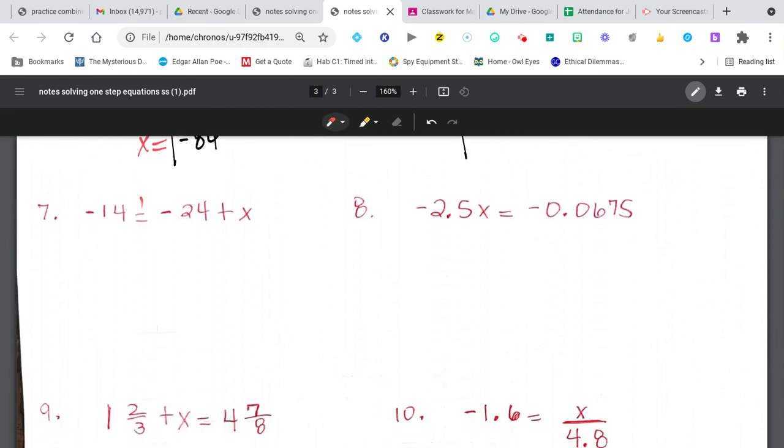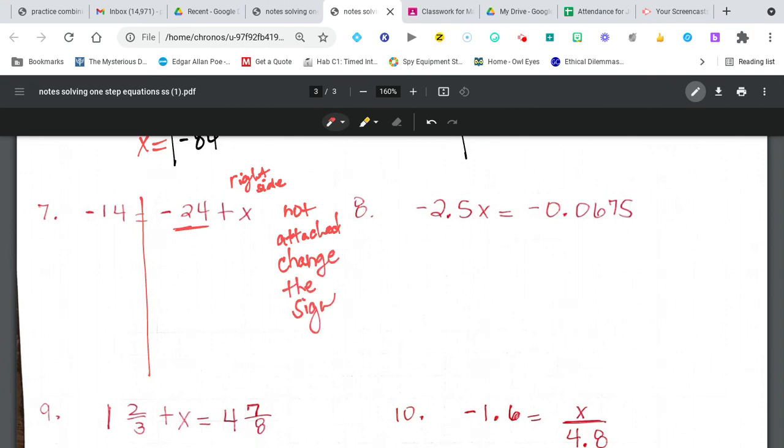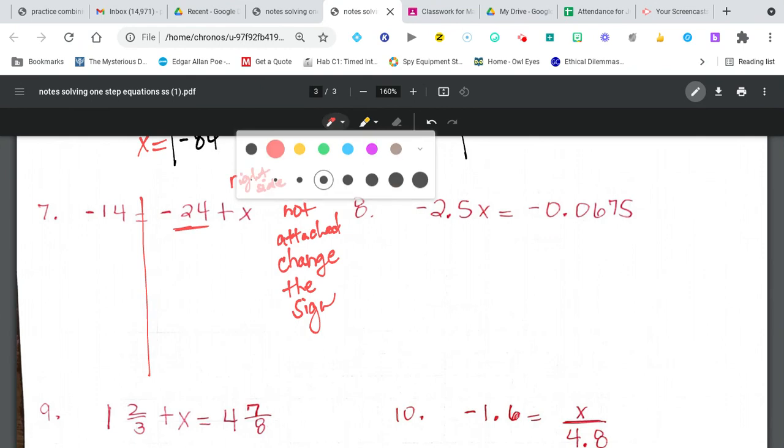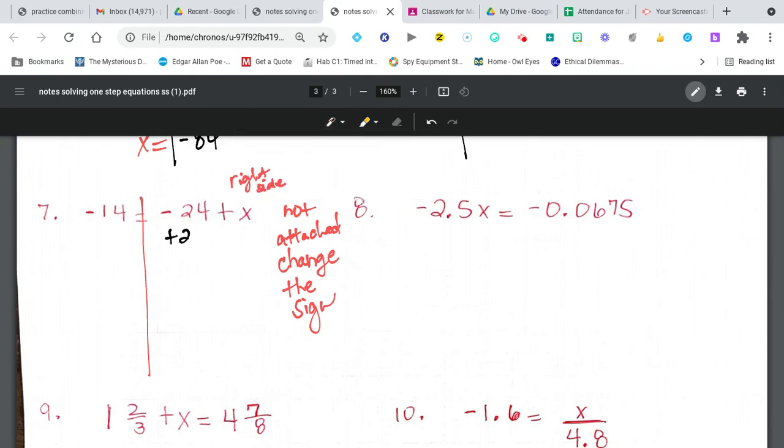All right, go back to 7. On 7, the variable is on the right side. But negative 24, the number that's over there with it, is not attached. So if it's not attached, all you have to do is change the sign. It's not attached to the x. So all I have to do is change the sign of negative 24 to positive 24.